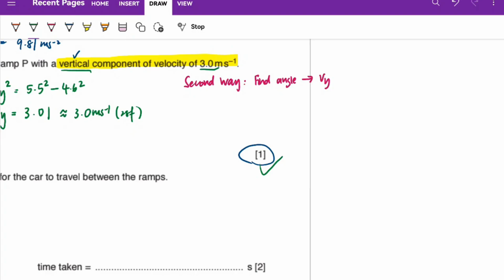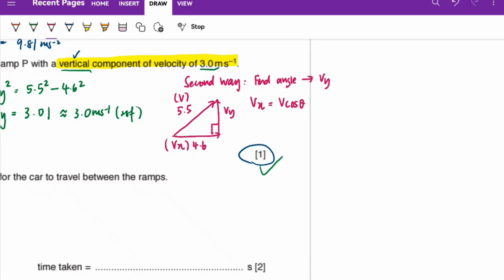Just now we drew our triangle like this, right? This is 5.5, which is basically our V. We are going to find our Vy, and our Vx is 4.6. So Vx is V cos theta. How is it so?